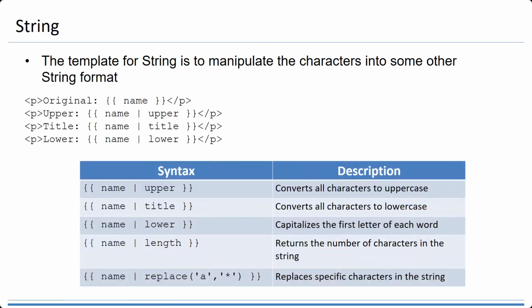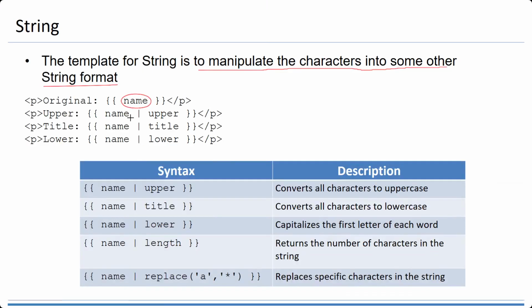Next, about the string. On the string, it is to manipulate the characters into some other string format. So I have my data. My data is using the variable name.